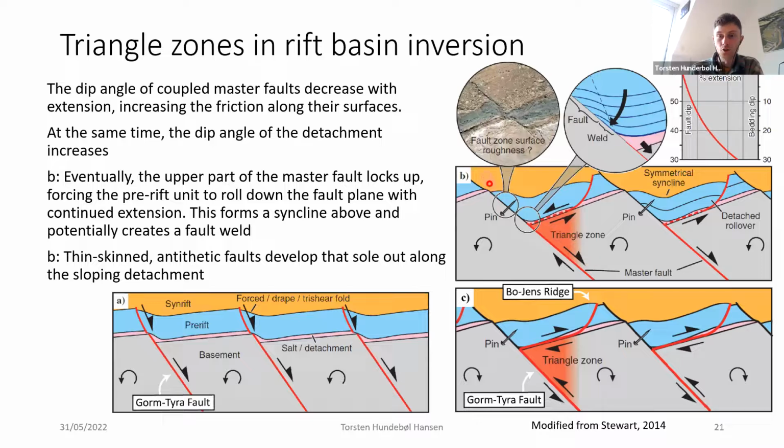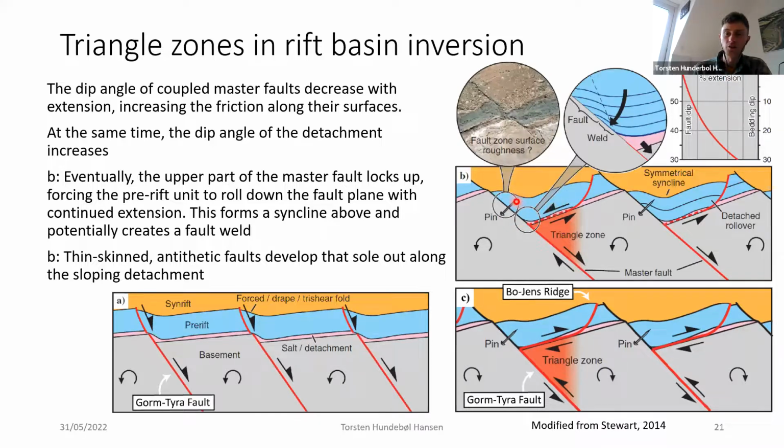Also, the master basement faults here become more and more shallow, which gives them more and more friction, and eventually the salt might provide a better pathway for fault attachment than this fault surface here with a lot of friction.